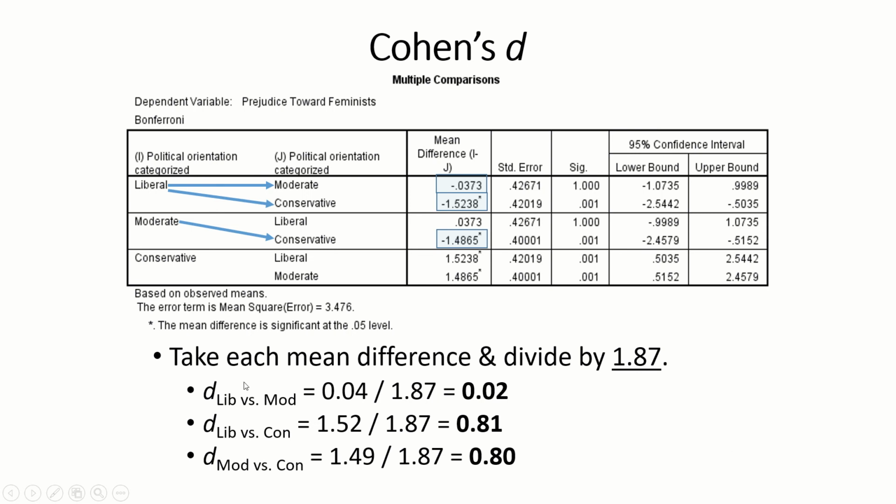So we have a very small d-value for liberals and moderates, which is unsurprising given that there is not a significant difference between these two groups. And then we have large d's, large differences, for both the liberal-conservative comparison and the moderate-conservative comparison.